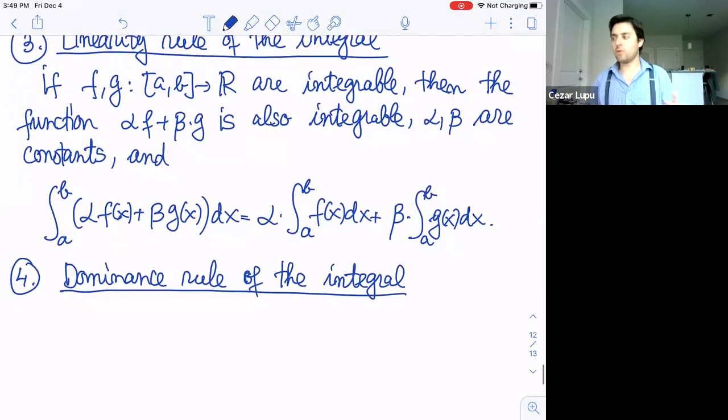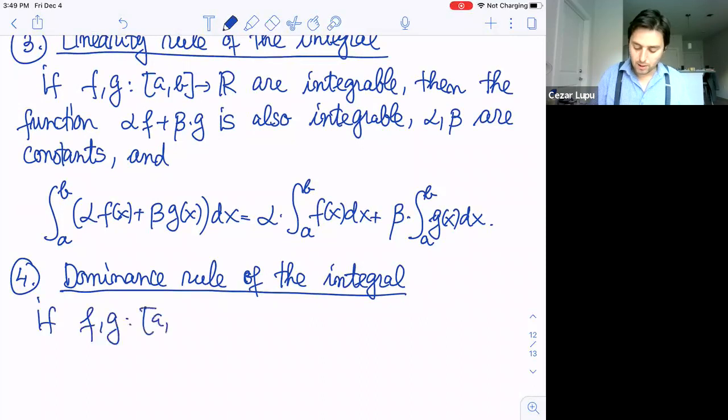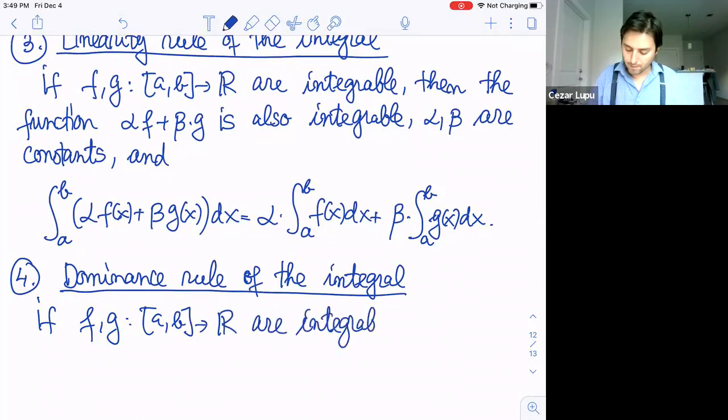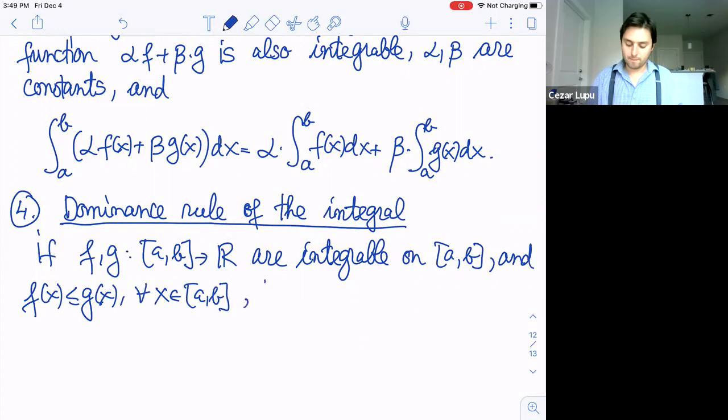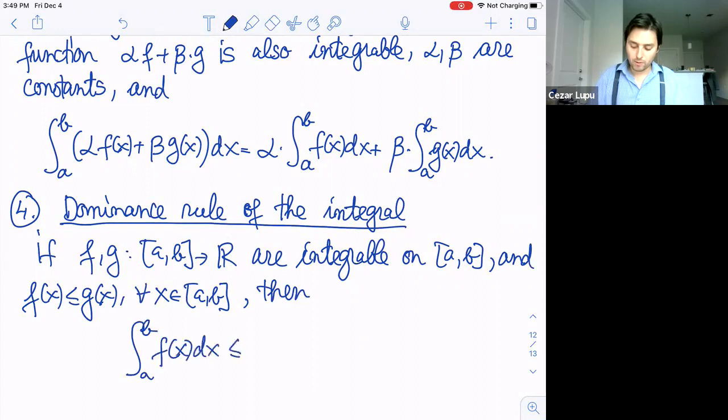If f and g are two integrable functions on the interval a, b, and f of x is less or equal than g of x for all x in a, b, then the integral from a to b of f of x dx is less or equal than the integral from a to b of g of x dx.